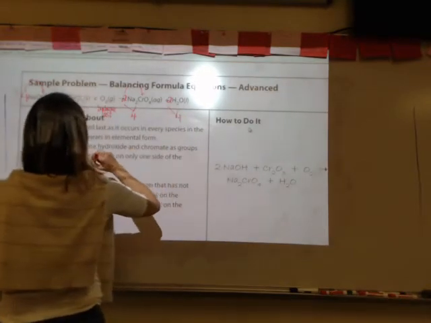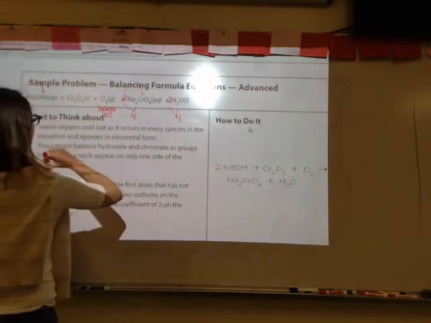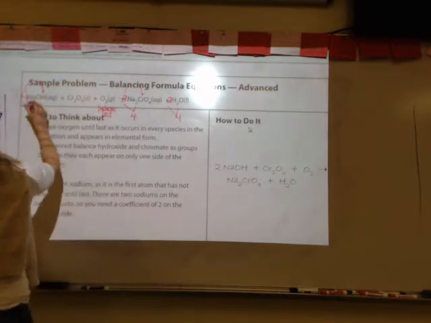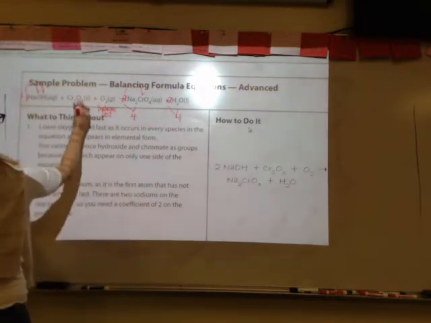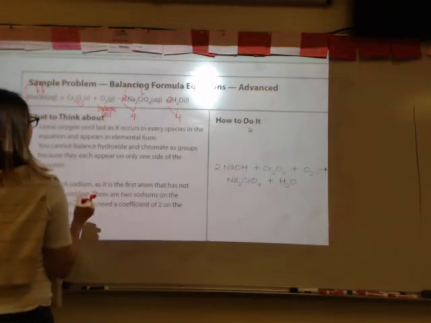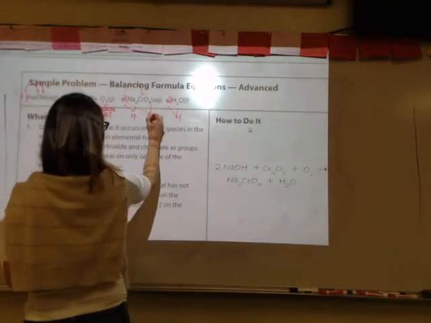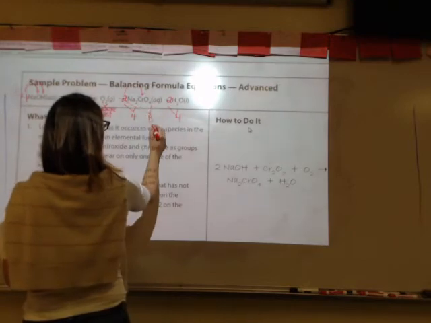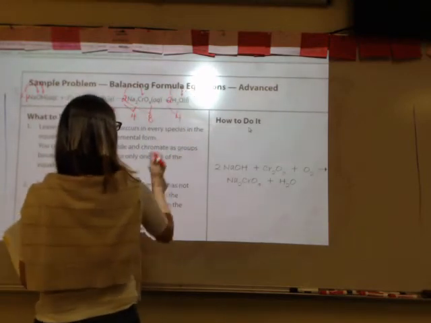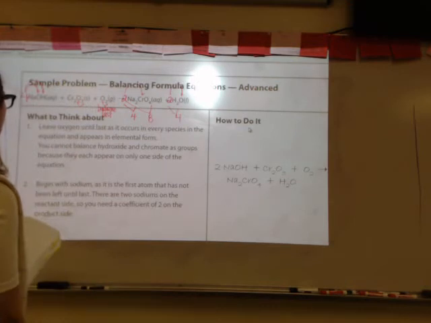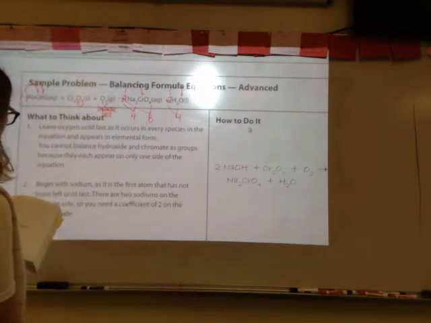So here's my 4 hydrogens. And then in terms of oxygen, you have 4 oxygen here, 3 here, which is 7, 2 here, which is 9. On the right-hand side, I have 8 oxygen from this compound, plus 2 here. So I have 10 oxygen on that side.